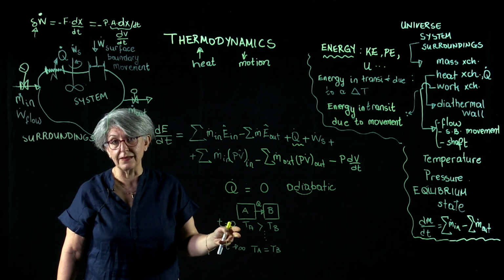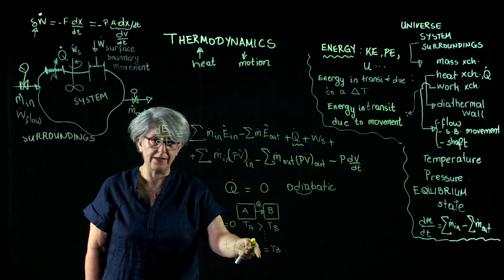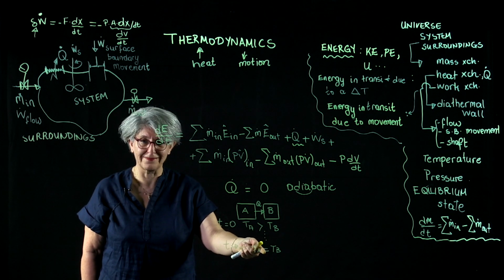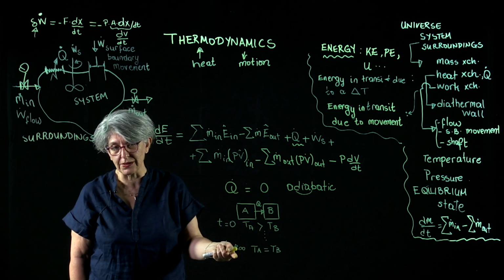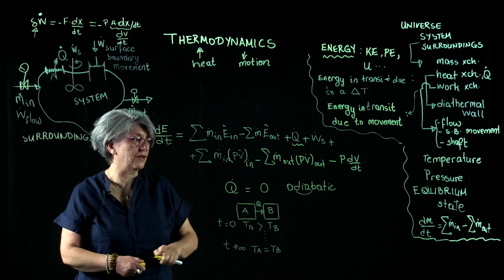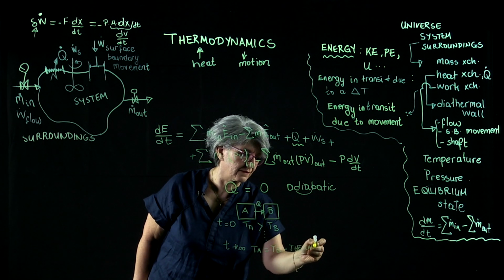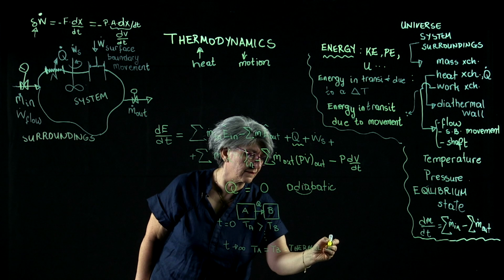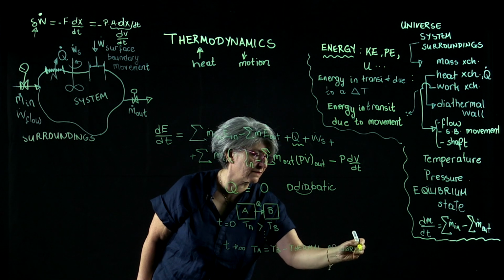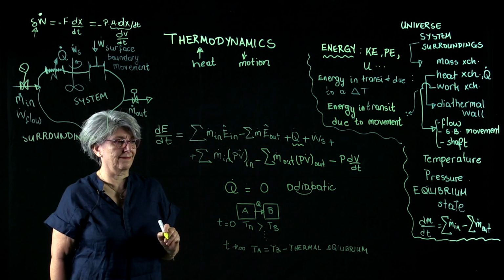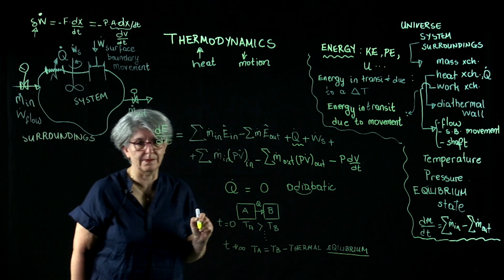It might be a second, it might be an hour, it might be 100,000 years. We allow the system to equilibrate. The magic word: the temperatures become equal, and the situation is called thermal equilibrium. Keep that in mind.